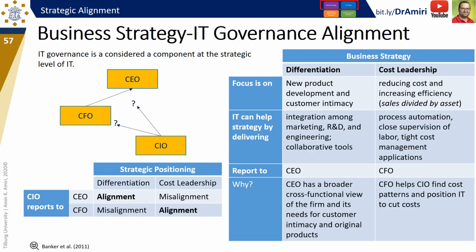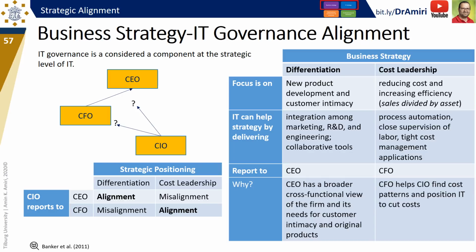IT can help this strategy by automating the processes so that the process can be done faster with a lower cost of human labor, which is a huge cost, and also providing closer supervision of labor so that mistakes happen with a lower probability and the cost goes down. And of course, tight cost management.